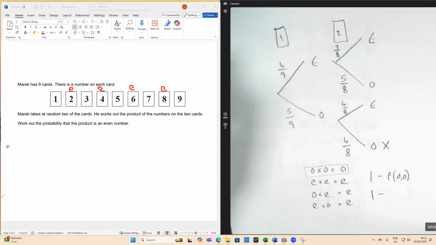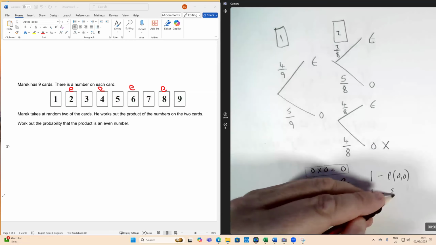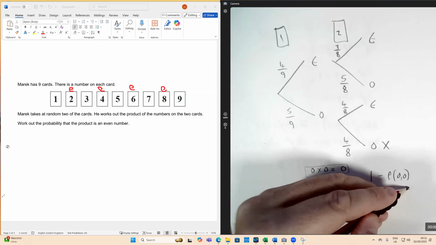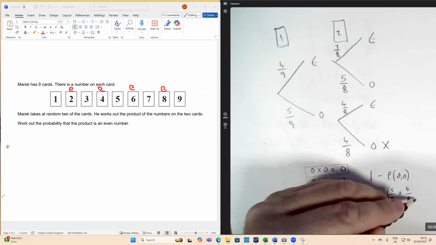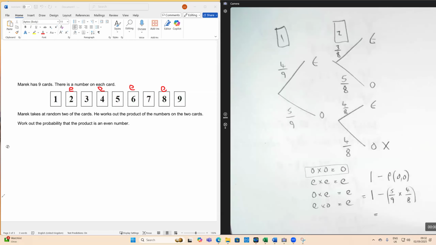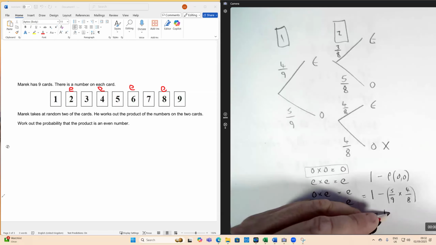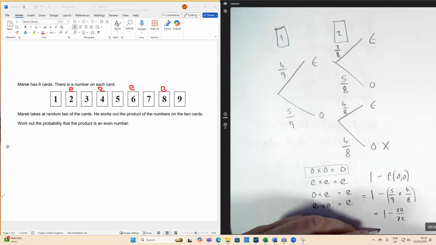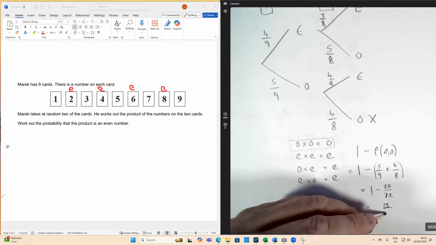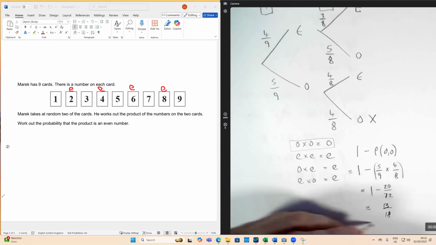Odd odd is going to be 5 over 9 times 4 over 8. That is going to be 1 take away 20 over 72, which when we work that out is going to be 13 over 18. There we go.